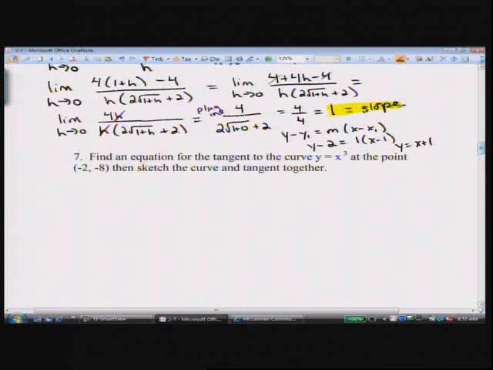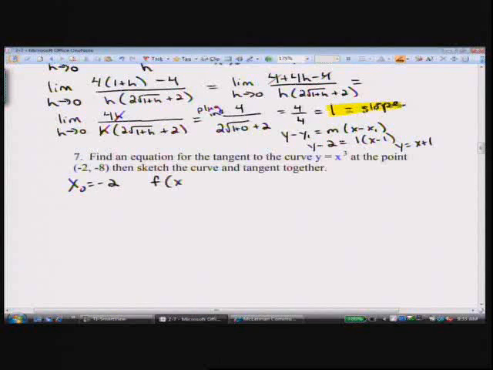Okay, number 7 says, find an equation for the tangent to the curve y equals x cubed at the point -2, -8, then sketch the curve and the tangent together. Okay, so same problem. Our function is x cubed now. So f of x naught, or sorry, what is x naught? Yeah, x naught is -2.